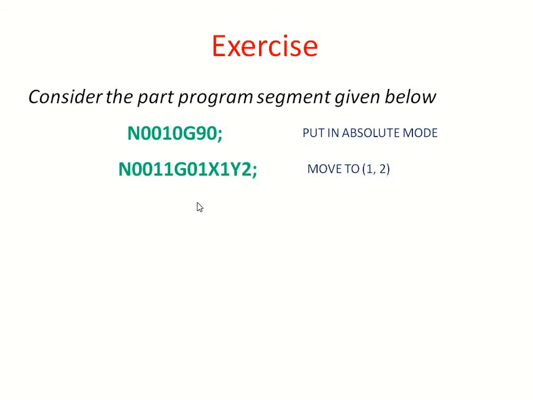In a similar way we can place the feed rate, spindle and the tool to be used in the block so the machine can pick them up and do the operation. N0012 G01 X2 Y2 then moves from coordinate 1, 2 to coordinate 2, 2, that is X2 and Y2.